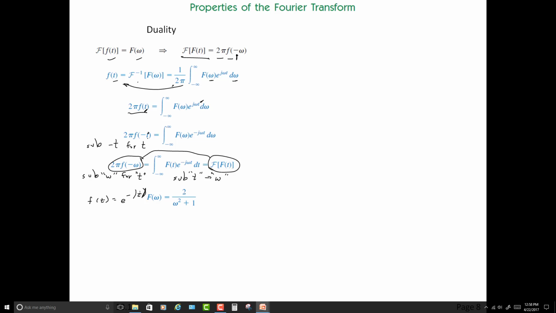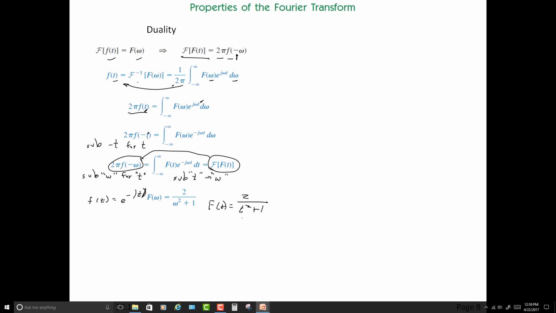Then by the duality property, if we want to know the f of t, we should be able to just use our formula here. And it should be 2 over t squared plus 1.